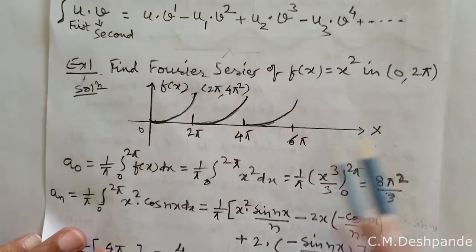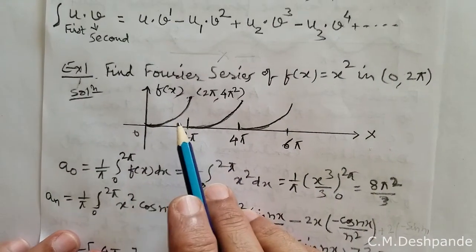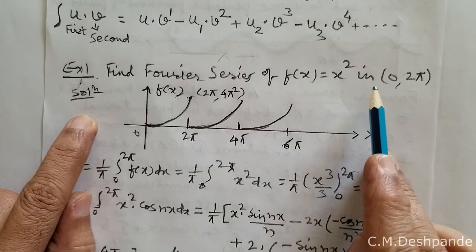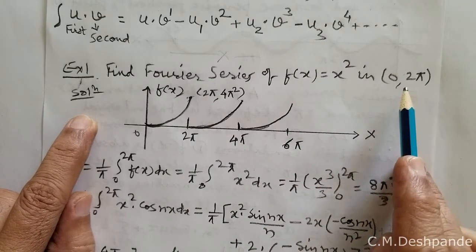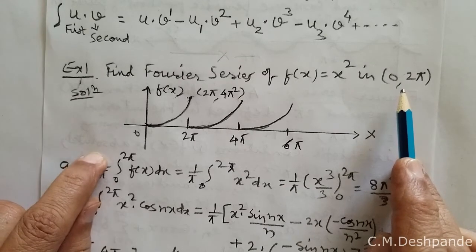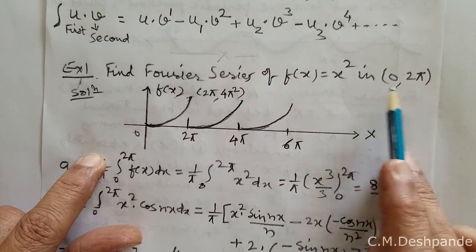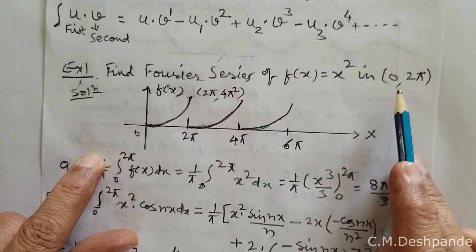First example: find the Fourier series of the function f of x equal to x square in the interval 0 to 2 pi. It is always interesting and useful to draw the graph of the given function in the given interval, which represents one cycle of the periodic function.